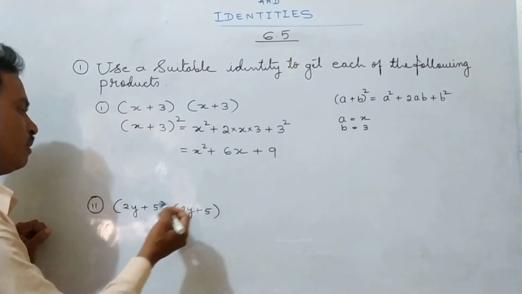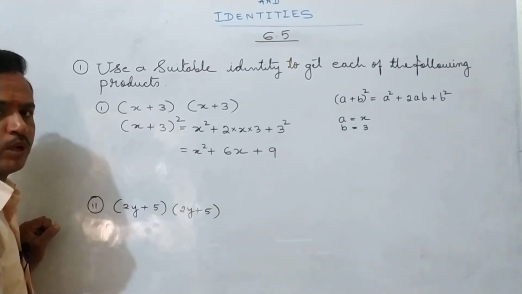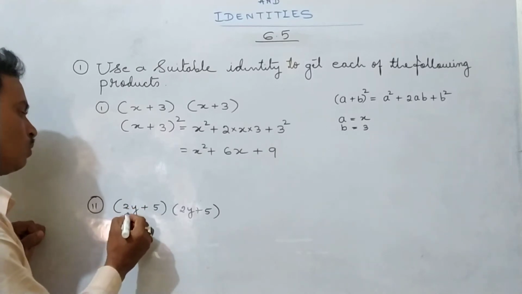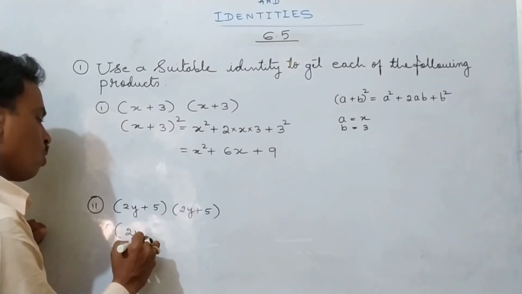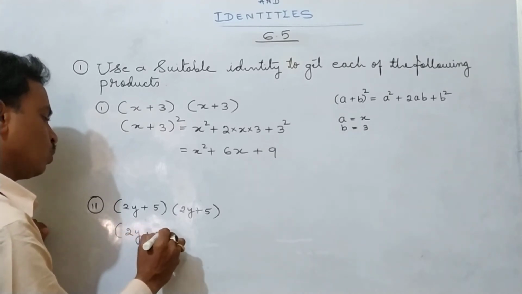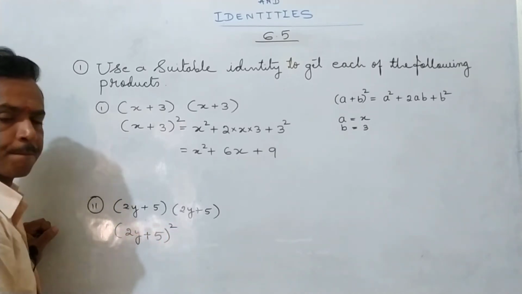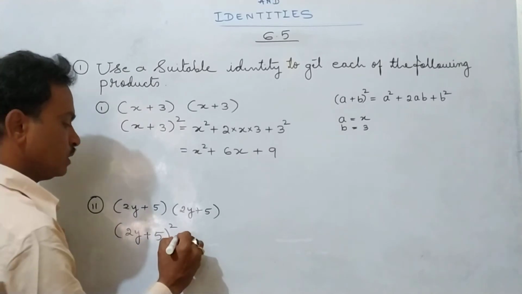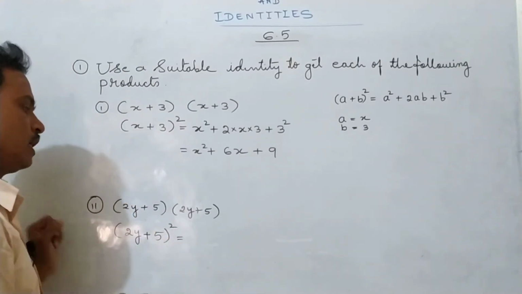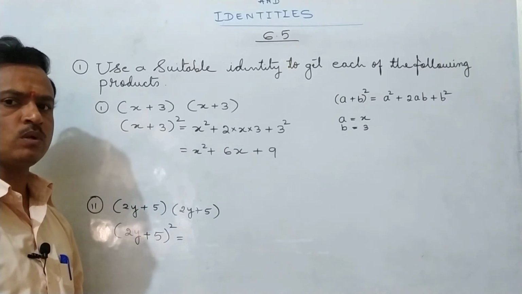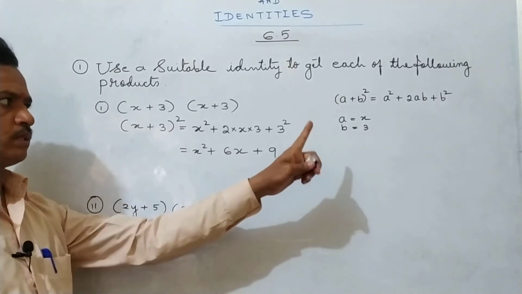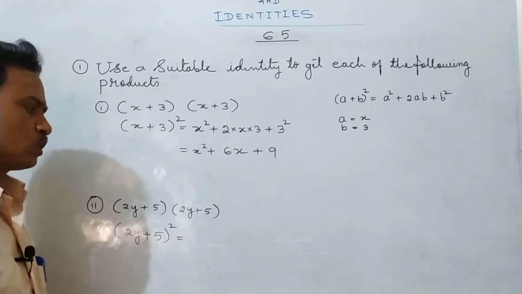Okay. Now similarly we will come to question number 2. Now this also can be written as 2y plus 5 whole square. The same identity we can use: a plus b the whole square is equal to a square plus 2ab plus b square.